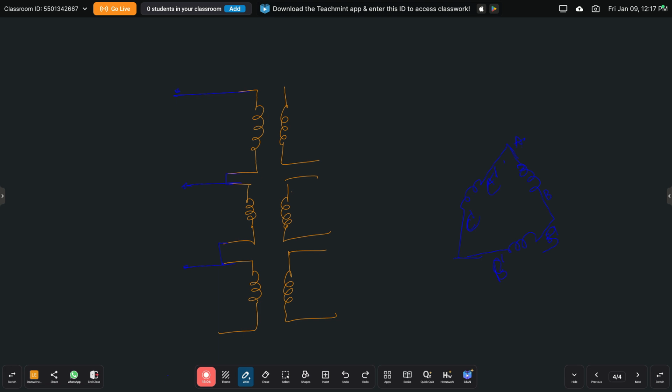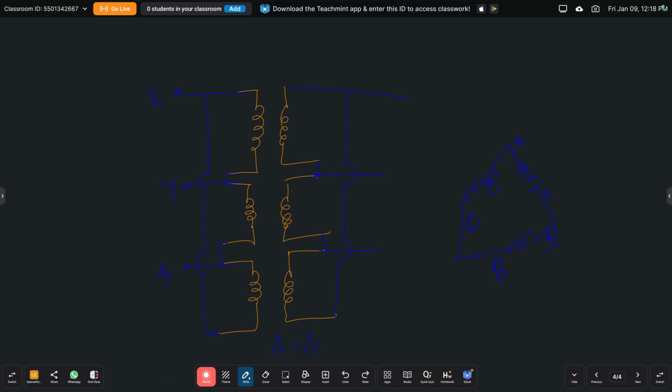This B is connected to this, then this is R, Y and this B. Based on that these terminals are connected to this one. Similarly we connect it like this. This is all about the delta to delta connections.